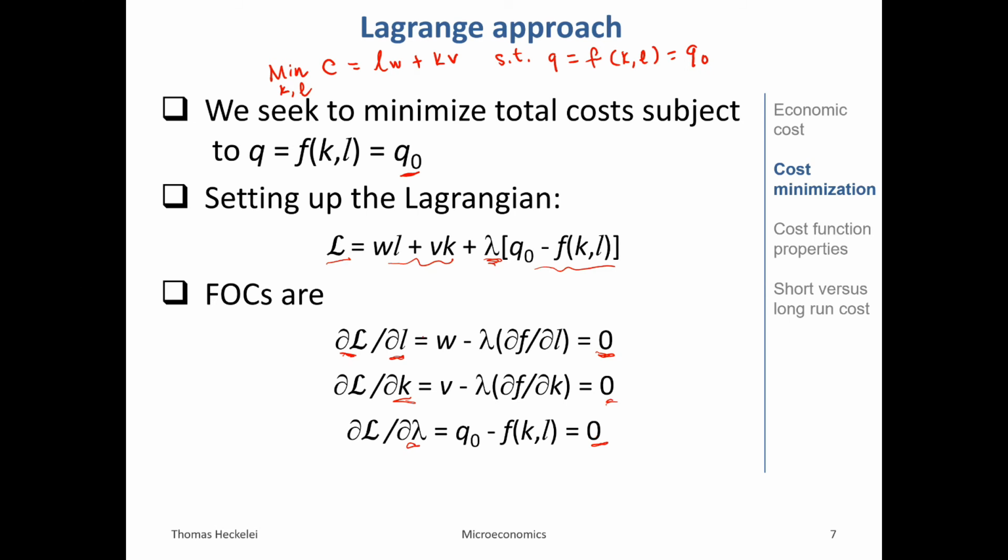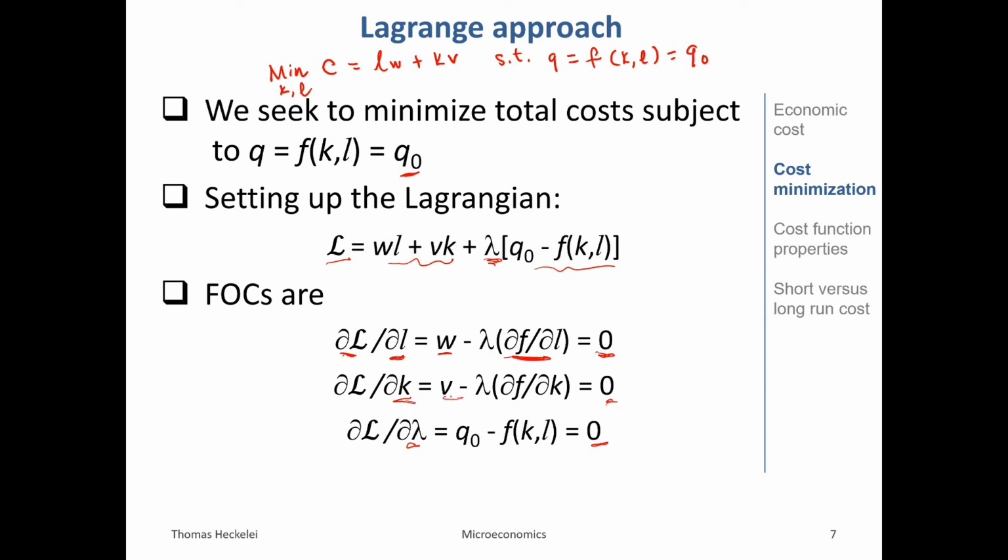So if you take the first derivative of the Lagrange with respect to labor L, it is equal to W, because here VK has no L, so it's gone, minus lambda times the derivative of the production function with respect to labor.